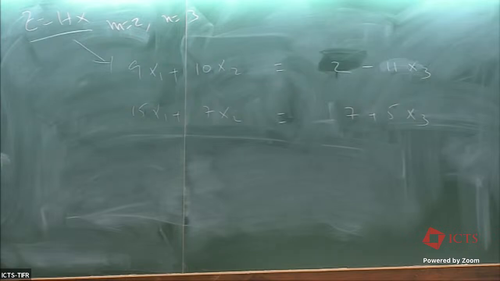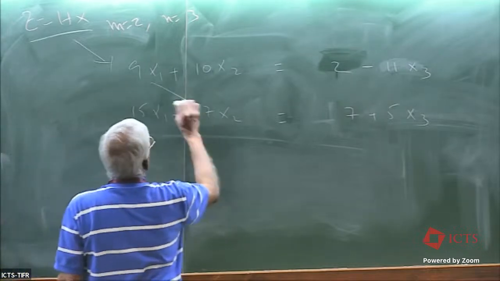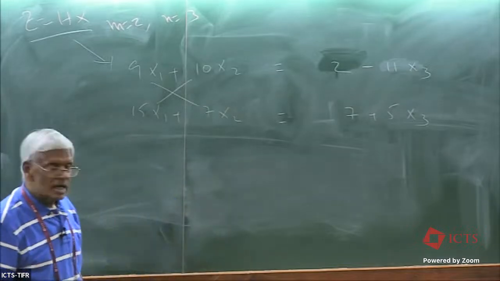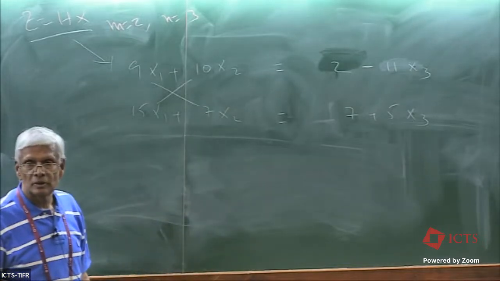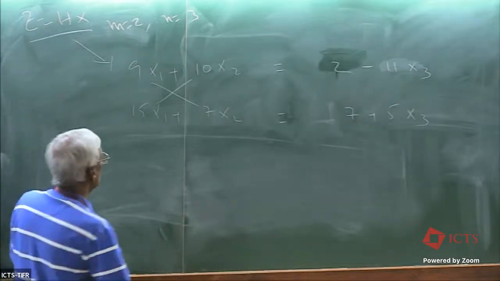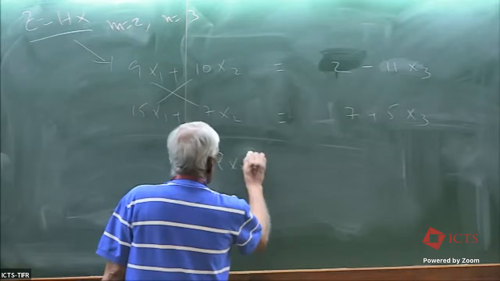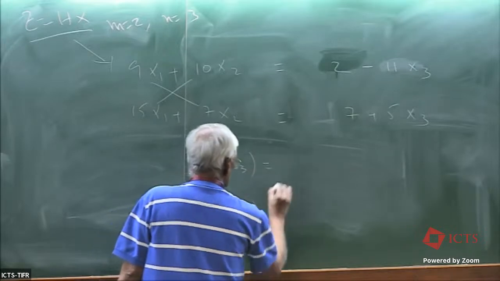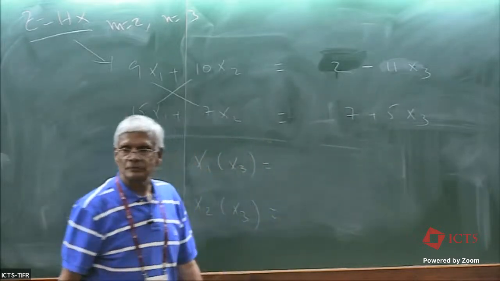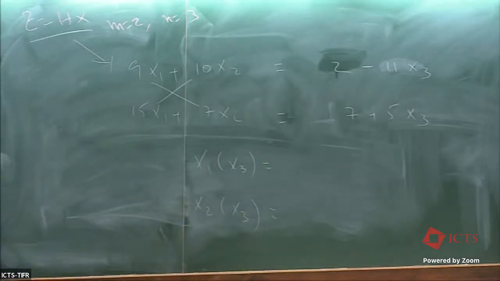I got 2 equations and 2 unknowns. Assuming the determinant is not 0, it is not, I can solve for x1, x2. Whichever method you solve, the solution x1, the solution x2 is going to be a function of x3 because the right-hand side is a function of x3. How many possible values of x3 are there? Infinitely many. There are infinitely many solutions.